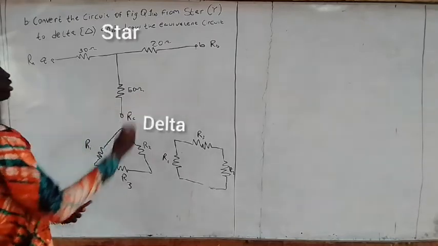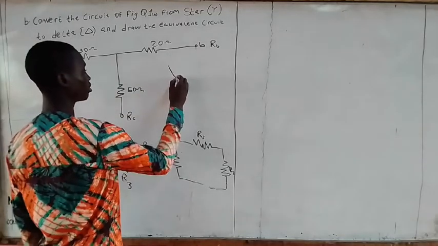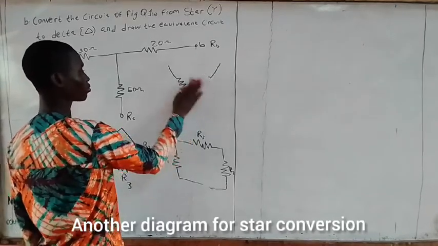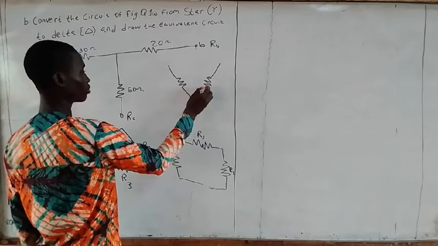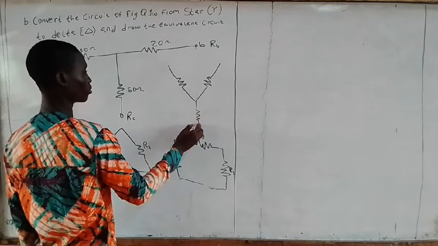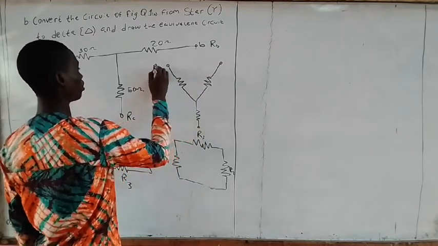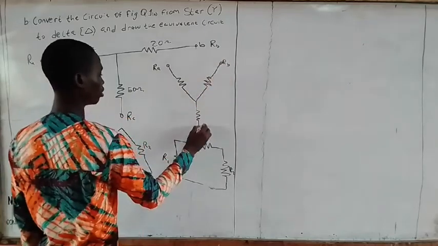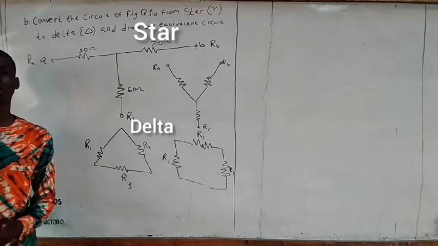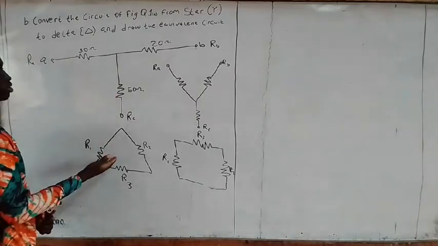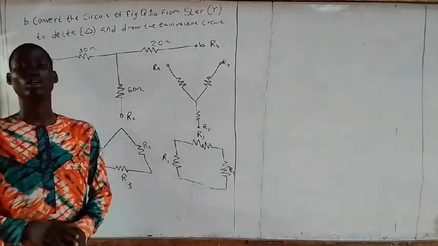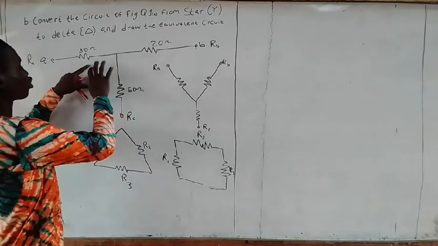For this, you can also have it like this: RA, RB, RC. So now, if I want to convert this to this, I want to convert star to delta. So now they ask us to convert this to this.